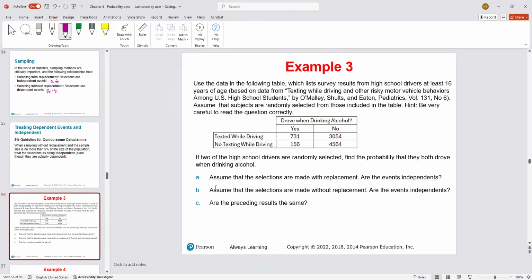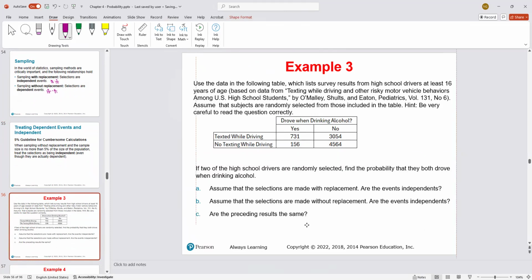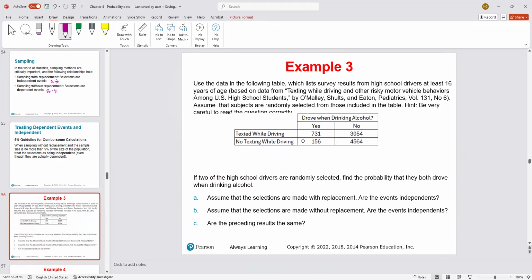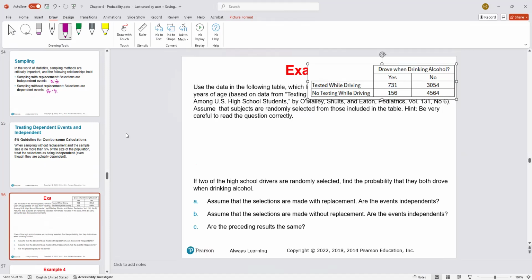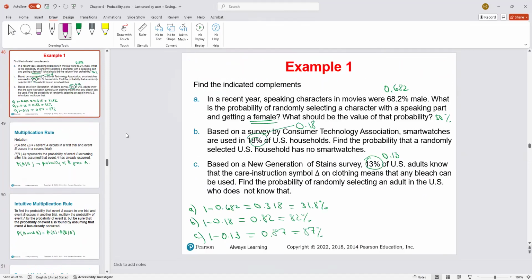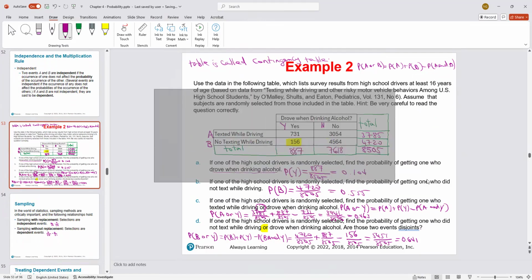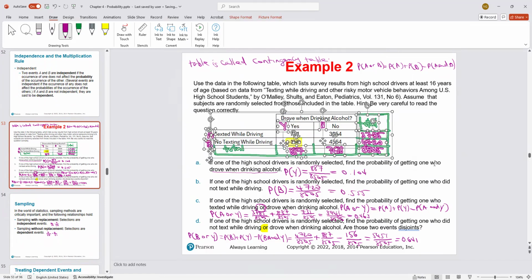Use the data in the following table, which lists survey results from high school drivers. Oh, we did that one. I'm going to put this one down here and remove this, because copying, I'm not going to do the additions anymore. I'll do it once. Let's take this one right here.